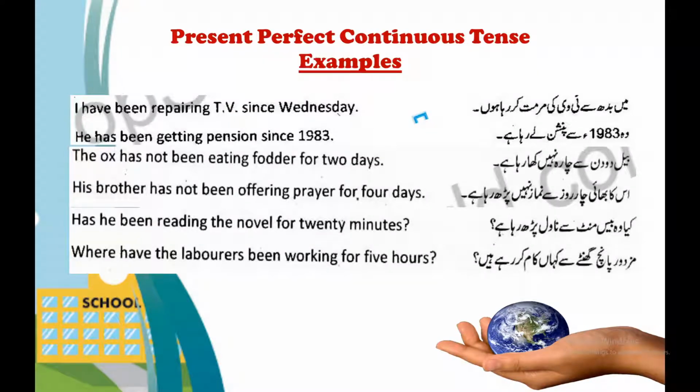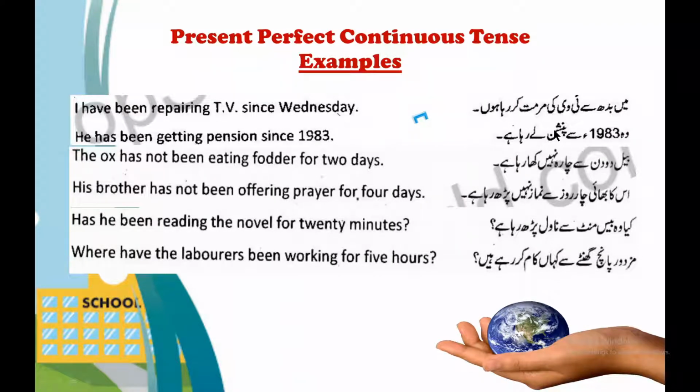If we move forward to the examples of present perfect continuous tense, मैं बुध से टीवी की मरम्मत कर रहा हूँ. I have been repairing TV since Wednesday. So with the raha hu, it is present continuous tense. Since it has an additional element, duration, budh se, it becomes your present perfect continuous tense.